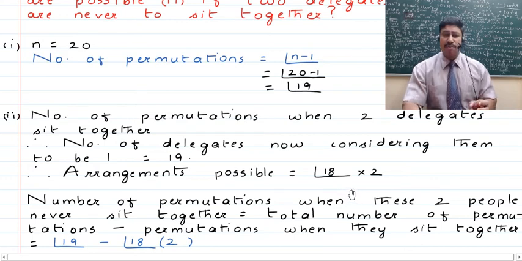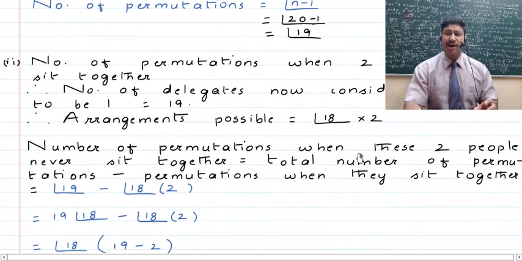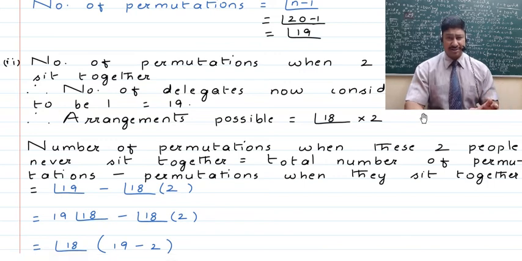However, these two people can be mutually exchanged, such that the person sitting on the right can be made to sit on the left, and the person on the left can be made to sit on the right. As such, the number of arrangements will be factorial 18 into 2. Next, to find the number of permutations such that these people never sit together, like I've already discussed, from the total number of permutations without any restrictions we remove the permutations when both were sitting together.